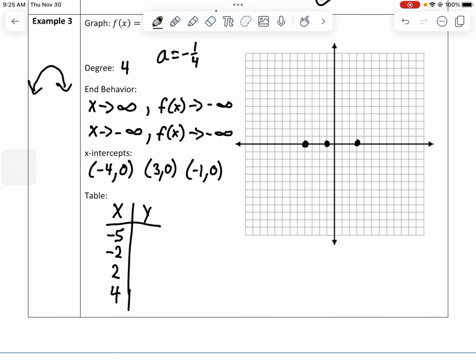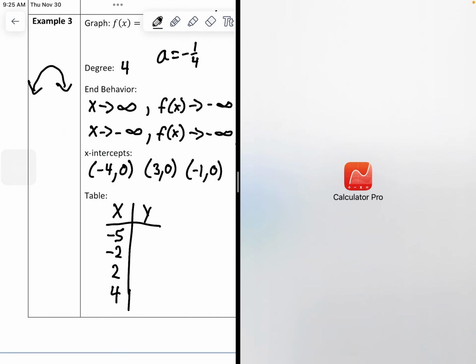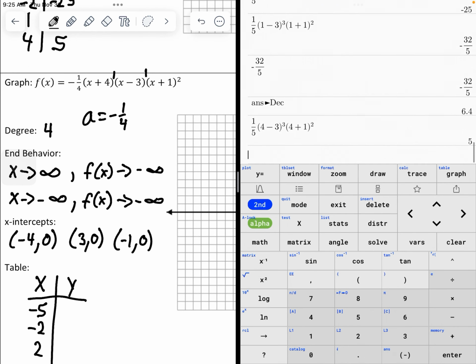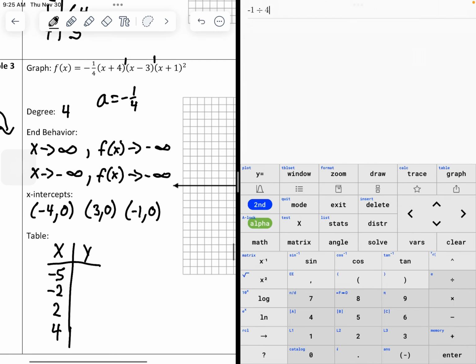So now I'm going to split screen with my calculator again. This is just going to save you some time, especially when you're working with fractions. So now I'm going to clear this out. I'm actually going to type this one as -1 divided by 4 rather than hit the fraction button, because this is going to automatically give me the decimal instead of the fraction version of the answer. So the first point that I'm plugging in here is -5 instead of the x.